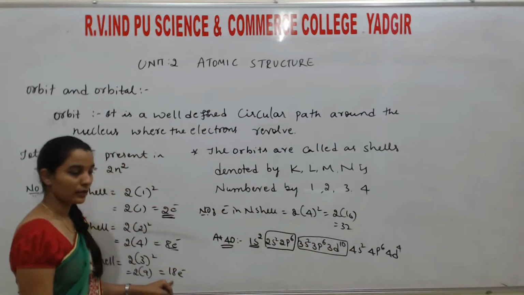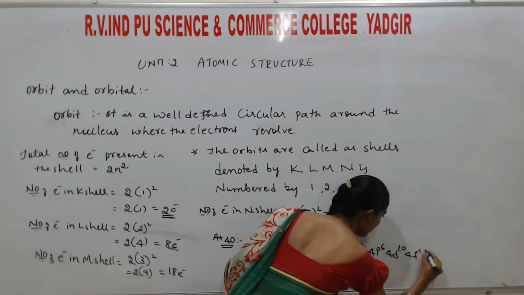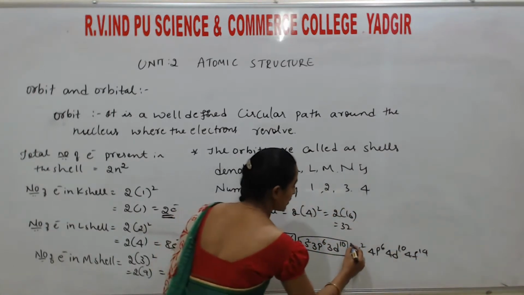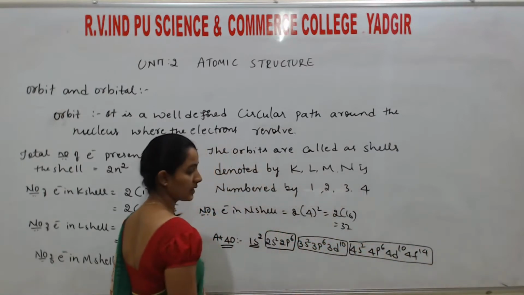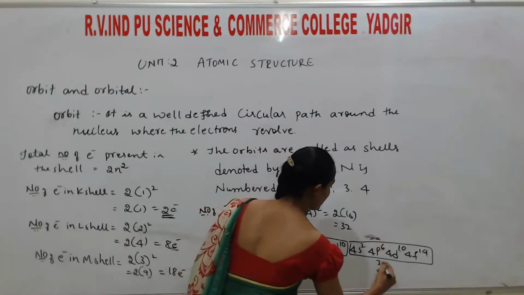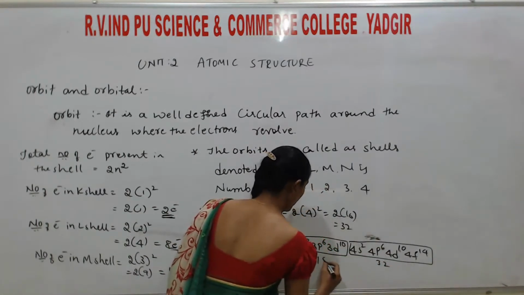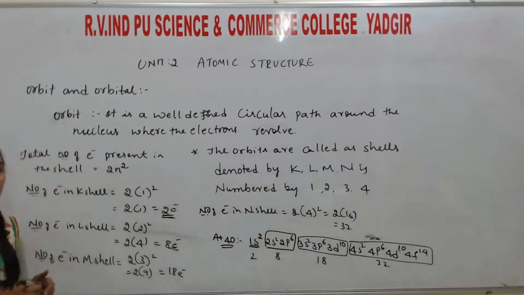This is 18. Another, if you write and add 14, then it will be 32. So 32, 18, 8, 2. So this is the maximum number of electrons that can fit in the orbits.